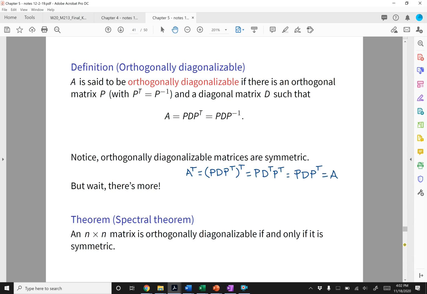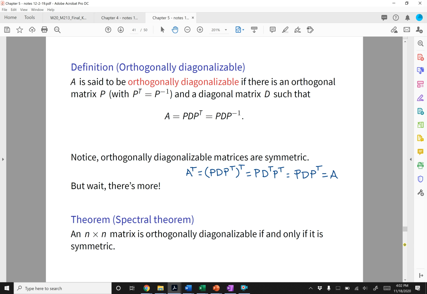We've talked about being able to diagonalize a matrix. A is said to be orthogonally diagonalizable if there's an orthogonal matrix P and a diagonal matrix D such that A equals P D P transpose. Before we just had diagonalizable with an invertible matrix, but here it's an orthogonal matrix.